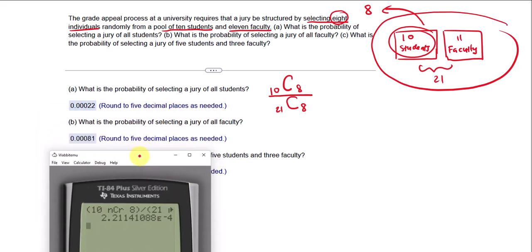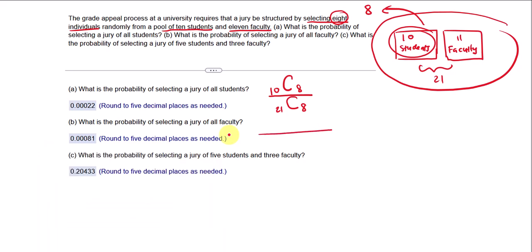The second question, they also ask you what is the probability of selecting a jury. This time, we want all the faculty. Okay, so again, we are selecting 8 people from the list of 21, right? So that is the total combination of all the possible outcomes. And this time, the group of 8 is coming from the faculty.